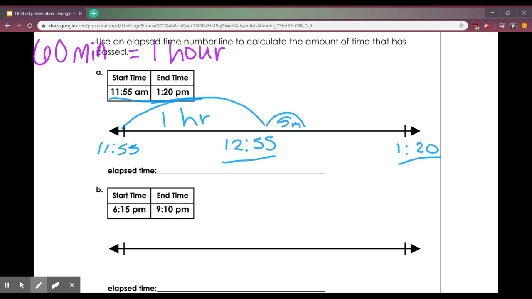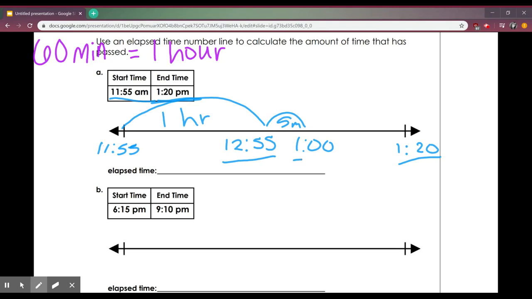I'll just put M for minutes. Because if I jump 5 minutes, that'll put me at 1 o'clock. Because remember, if we're jumping 5 minutes, it'll be 12:55, then 12:56, 57, 58, 59. And we don't say 12:60 because that's when the hour's over, so it goes to a new hour. So it'd be 1 o'clock.